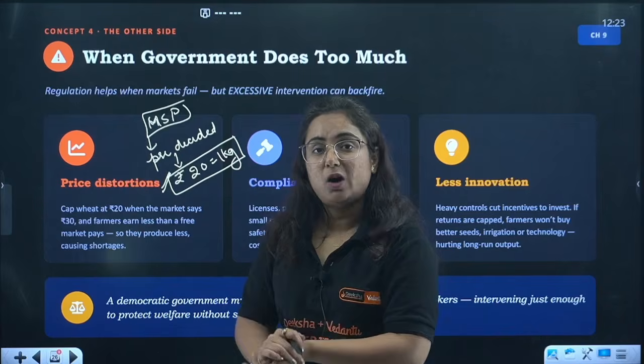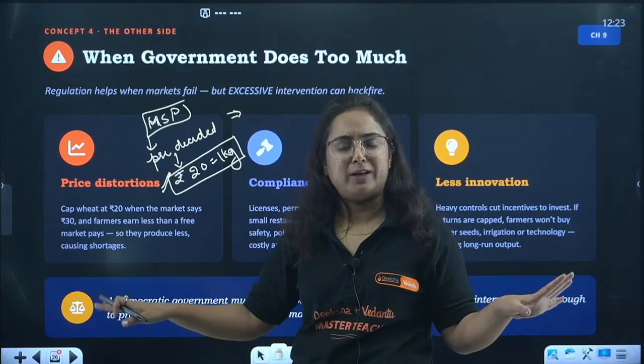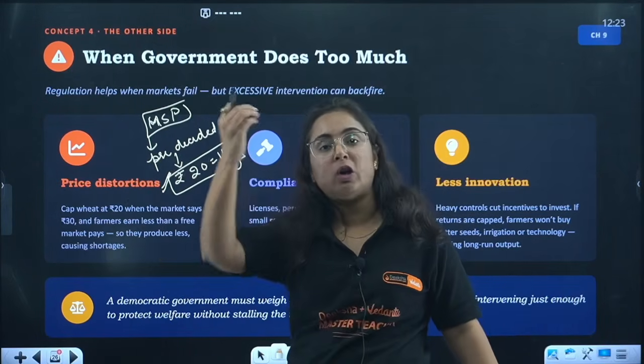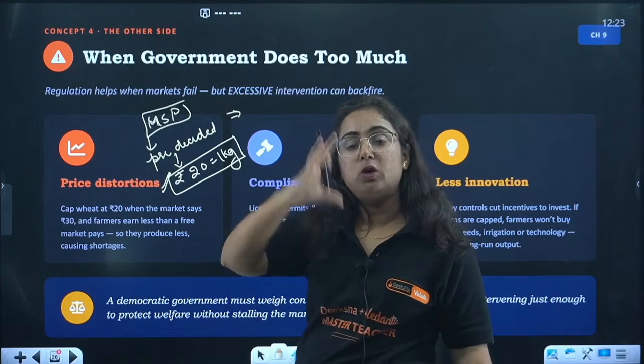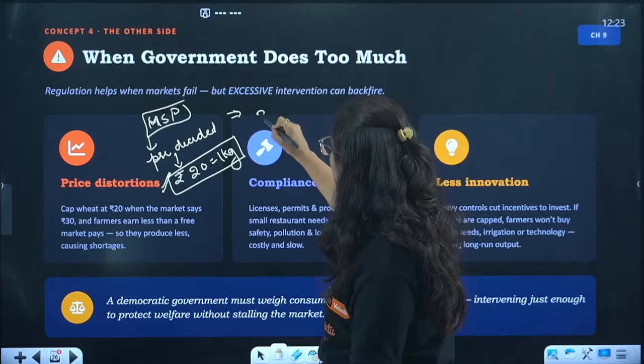It created chaos because every year the crop will not be destroyed. So there was a condition when other farmers chose not to be part of MSP, and sold their good quality crop at a higher price, 30 rupees.